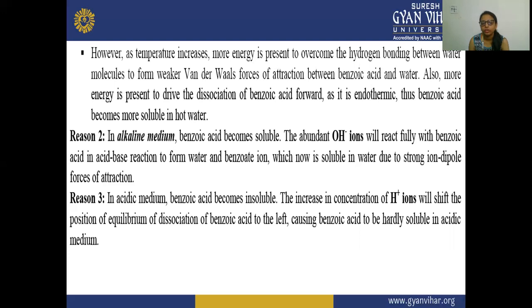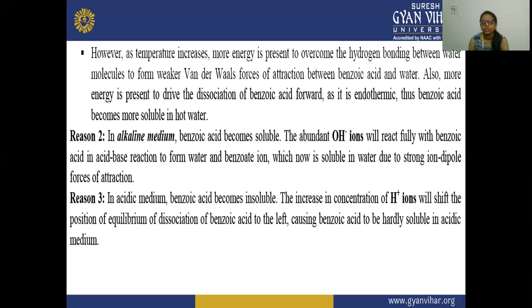So in the alkaline media, benzoic acid is more soluble because of the abundant presence of OH negative ion.